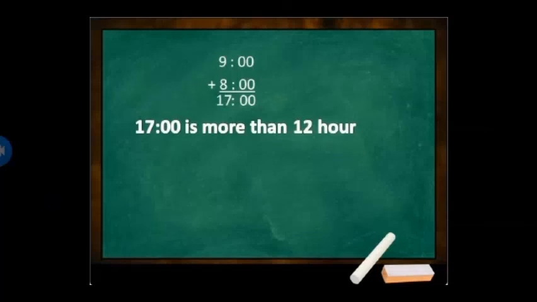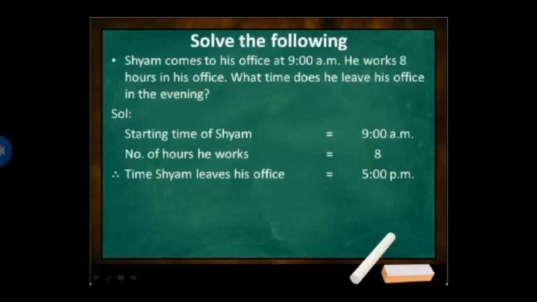So 9 plus 8, how much does it become? 17 hours. Now this 17 hours is more than 12 hours. So what you are going to do is subtract 12. So 17 hours minus 12 hours, you will get 5 hours. So Sham leaves the office at 5 p.m.